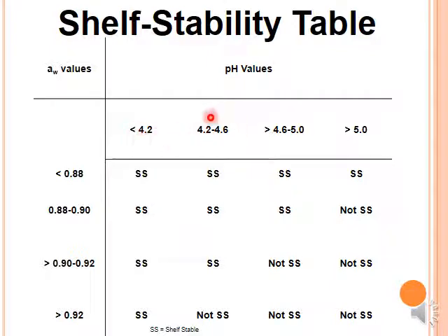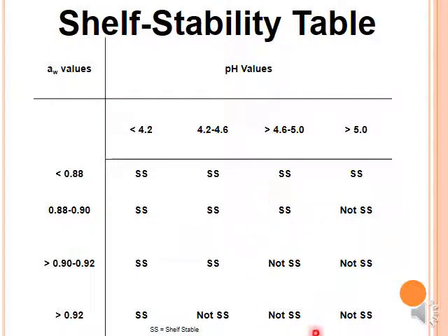and when you increase the pH from 4.2 to 4.6, the food that has high water activity is no longer shelf stable. A further increase in pH, more than 4.6 to 5, the shelf stability is only up to 0.9 water activity.